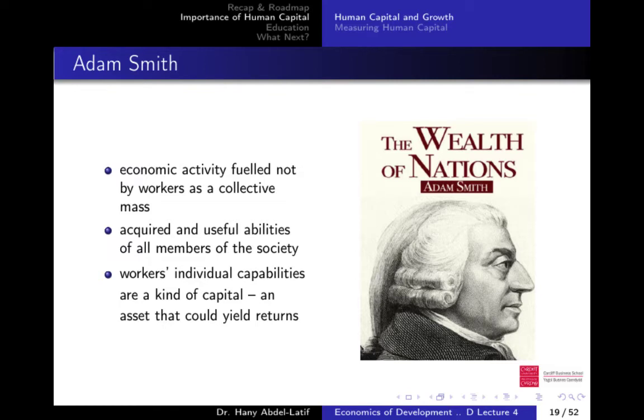So he's one of the first economists to realize that workers' individual capabilities could be considered as capital, or as an asset that could yield returns. So that's from the early time of Adam Smith.